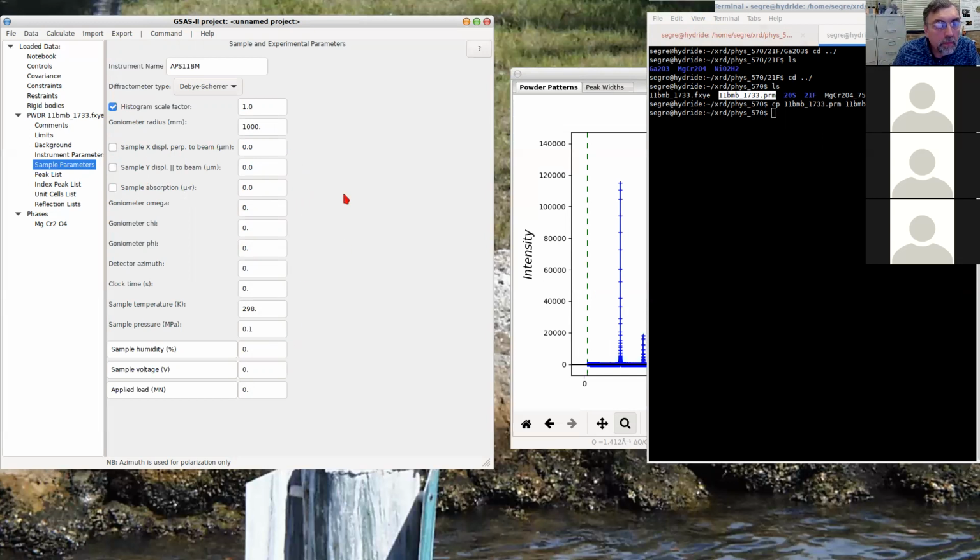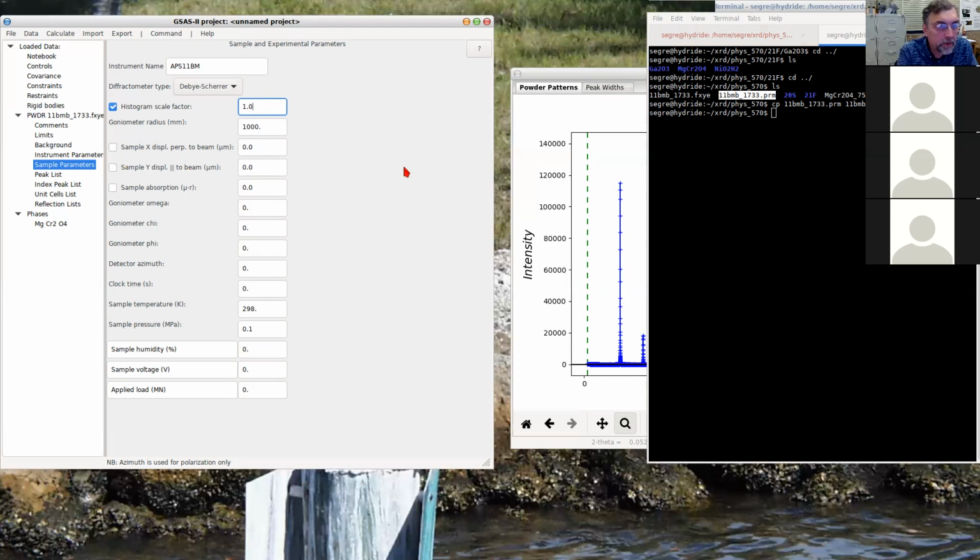So these sample parameters are the last thing, and the histogram scale factor tells you how big to make the peaks. So this is something that will be varied, and the goniometer radius is fixed. This is a sample X displacement and Y displacement, parallel and perpendicular to the beam, if it's not exactly centered in the goniometer.